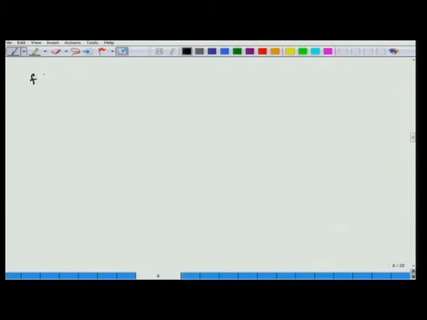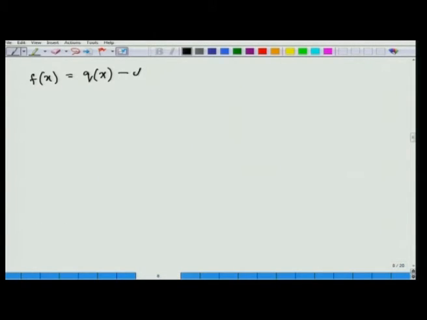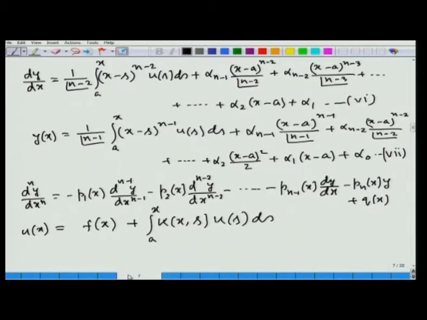So, which gives you ultimately this f x equal to q x minus, just see, alpha 0 will appear only with y x. So, first of all we can write the coefficient of alpha 0. Now, alpha 0 will be multiplied with p n x. So, therefore, it will be minus alpha 0 p n x. Then alpha 1 will come from only the expression of y x and dy dx.